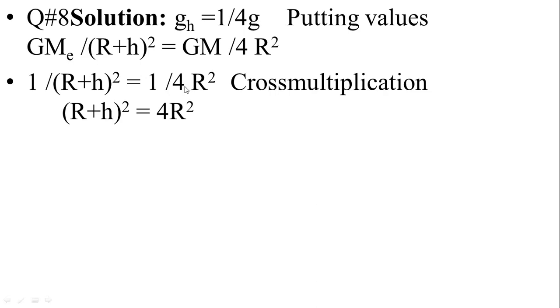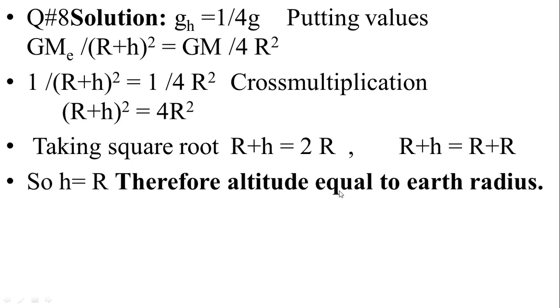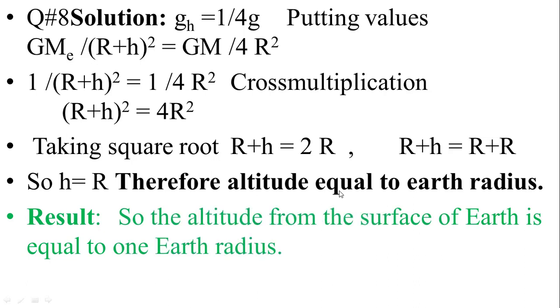Then cross multiplication, and taking square root on both sides, R plus h is equal to 2R. R plus h is equal to R plus R. So the value of h is equal to R. Its value will be equal to 1 Earth radius. So the altitude from the surface of Earth is equal to 1 Earth radius.